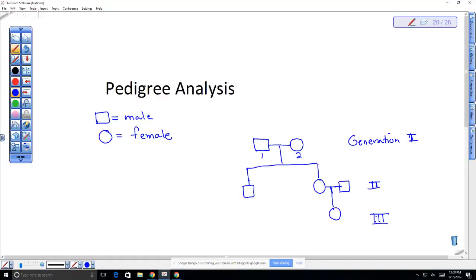Okay, in generation 2, I have 1, 2, 3, and in generation 3, I just have 1. Okay, so I can point to individuals on my pedigree by saying individual 3, 1, right, and I know that I am talking about that person.